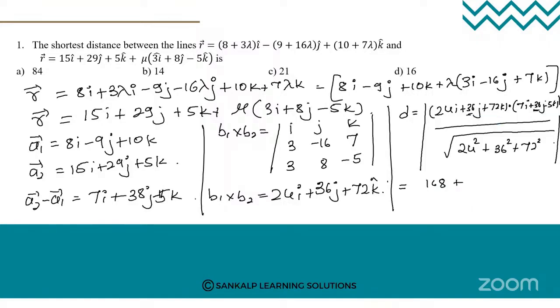Okay, too much time consuming. 36 into 38, 8 6, this is 3, this is 1, so 1368. Next 72 into 5, minus, it has to come here. This is minus 72 into 5, 360. So this is minus 360.